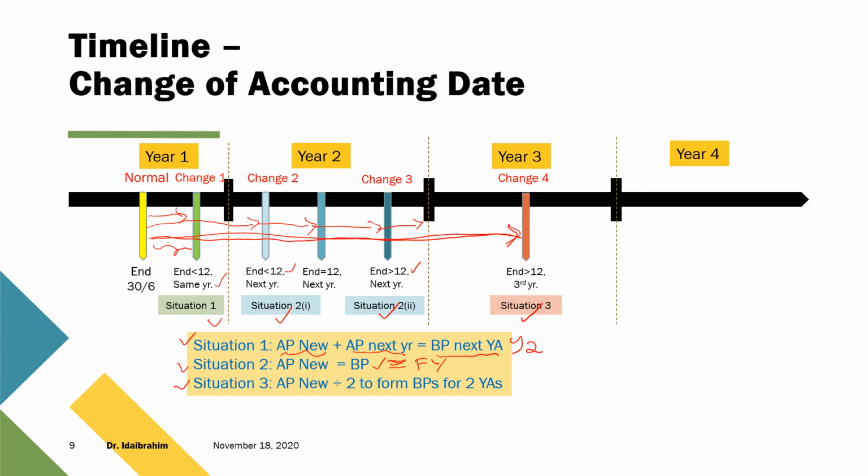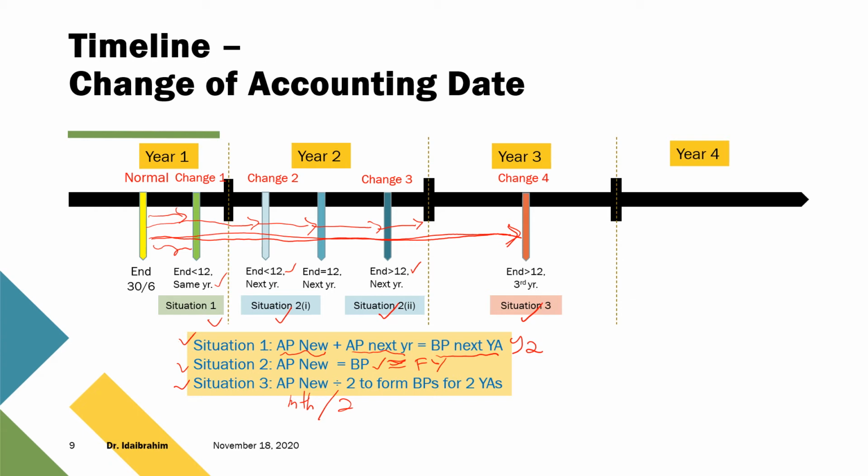You just calculate how many months from start of the change until close of the change. Okay, how many months? You divide into 2. So it will close somewhere in the middle here, half. And half will be tax in third year.